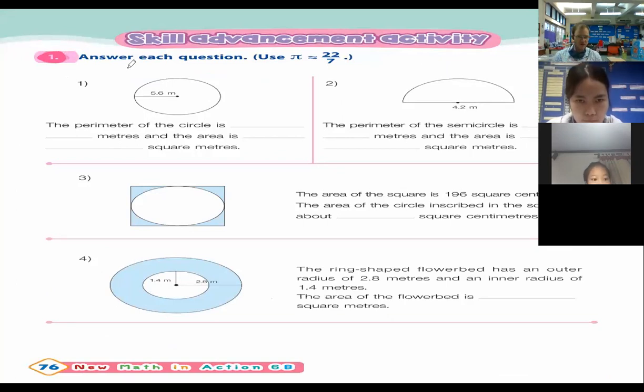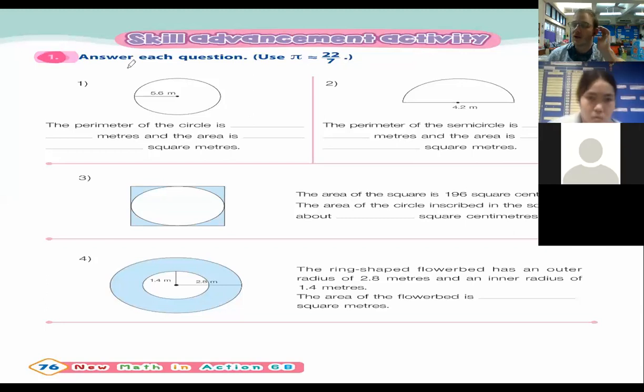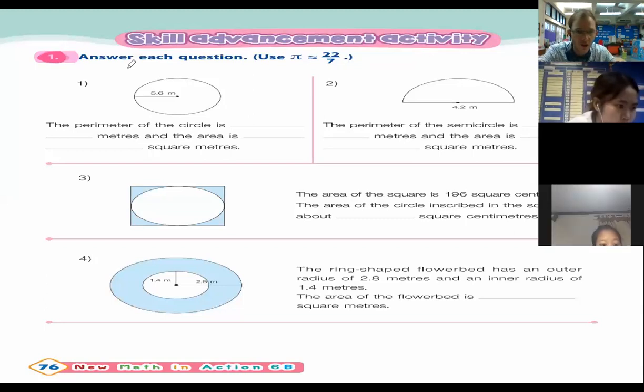For number 1, how can we calculate this? What is the formula for the perimeter of a circle? 2 pi r. Now I'm not going to do all the calculations again today because it is quite time consuming, and the calculations get quite big and involved.